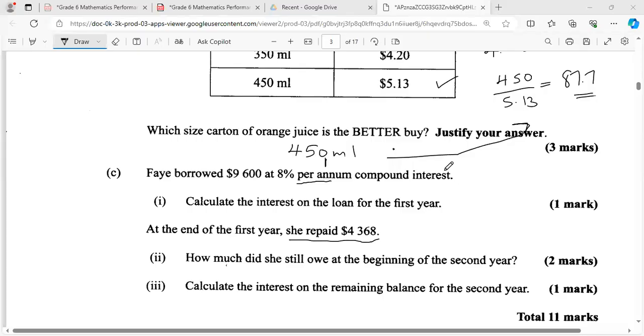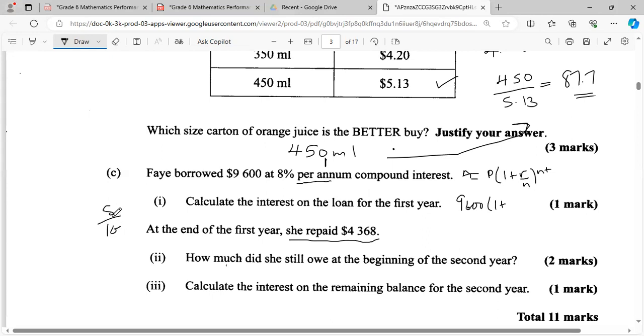Alright, so compound interest, the amount would be the principal times 1 plus r over n, to the power n times t. The principal would be 9,600 times 1 plus the rate, which is 8%, so 8 over 100.